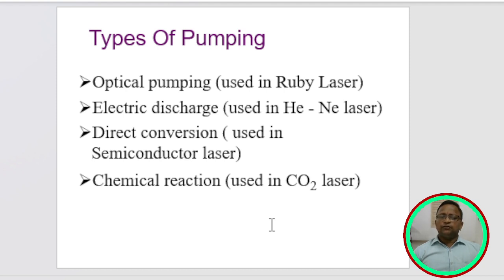The better example of optical pumping was the ruby laser, and the second one was the electrical discharge, which was used in the helium neon laser. We are going to discuss these later. And the fourth one was the direct conversion, which was used in semiconductor laser devices. And the last one was chemical reaction, which was used in the carbon dioxide laser.